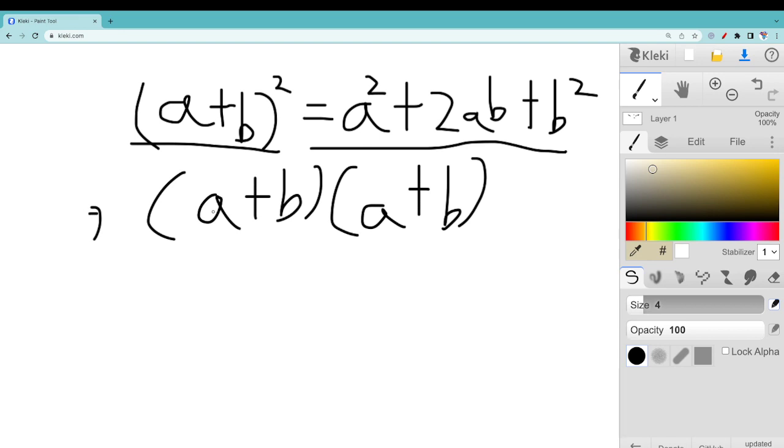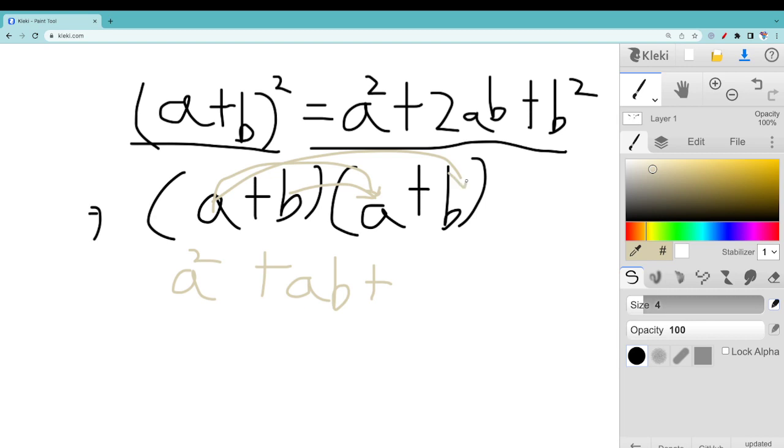If you multiply it out, if you remember FOIL or whatever you learned in algebra, it doesn't really matter which order, as long as you multiply it correctly. A times a is a squared, plus b times a is ba. We'll say ab instead, since it doesn't really matter. So we multiplied this a with this a, and the b with this. You multiply with the first term, now you multiply with the second term.